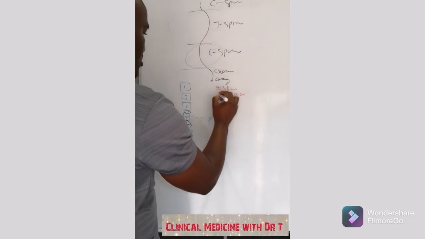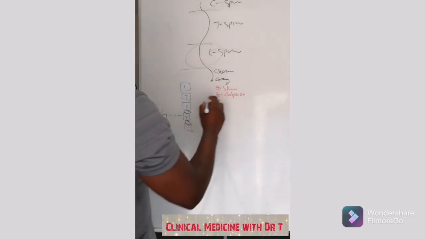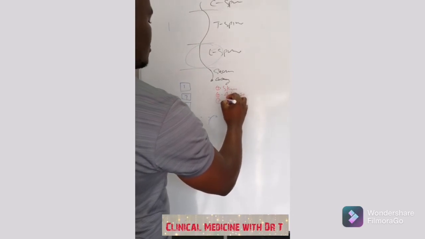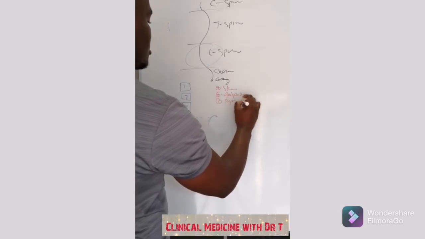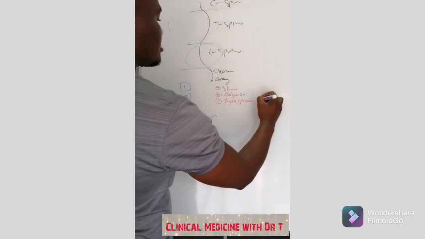So this is 1, this is 2, this is 3. The next layer would be your supraspinous ligament.